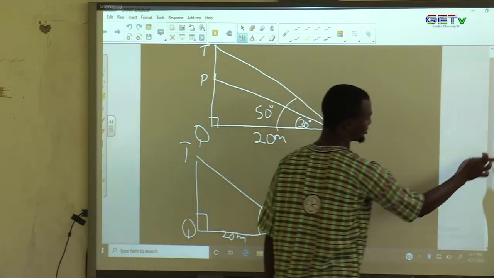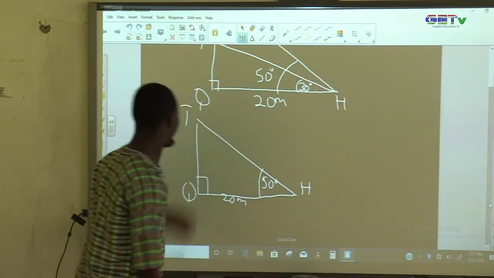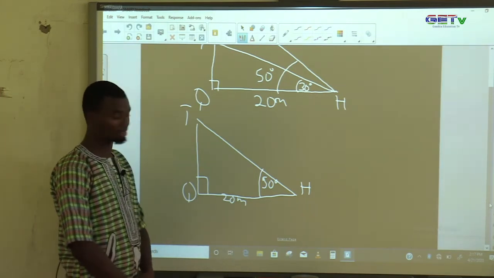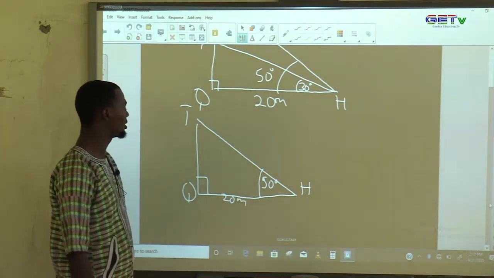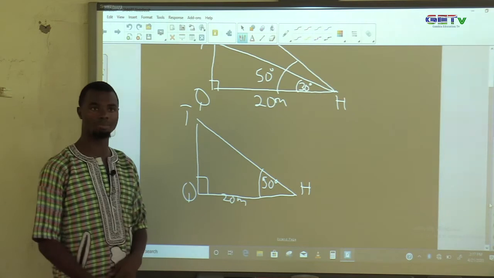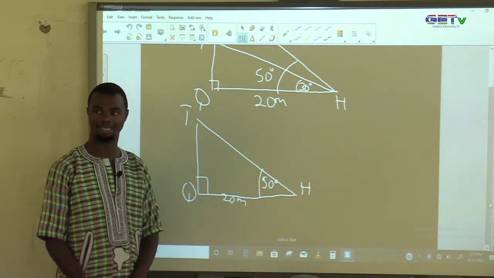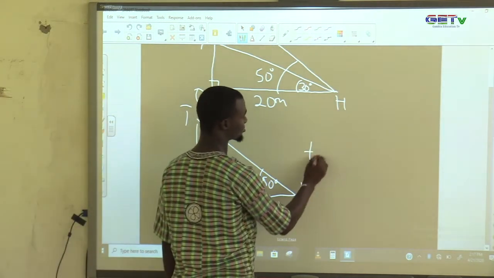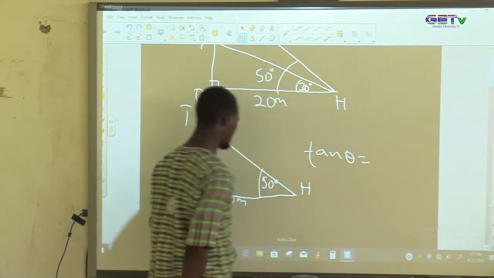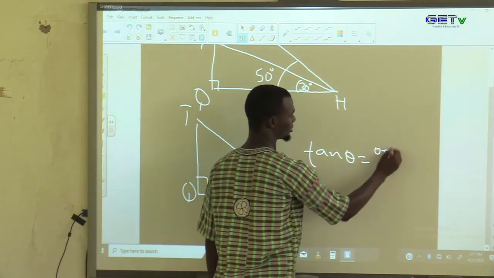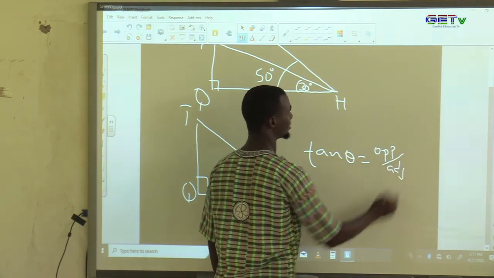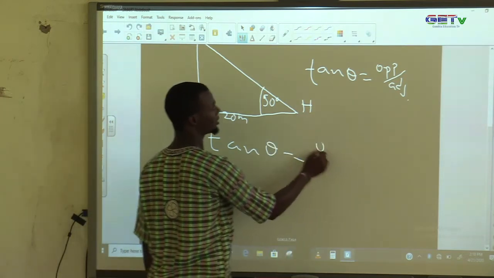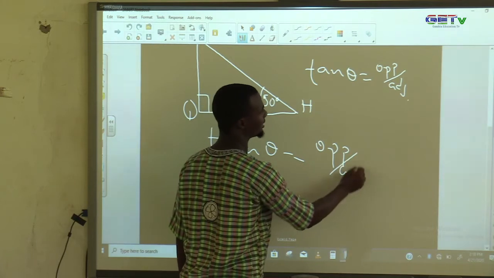So we will find TQ now. How do we find TQ? We use the trig ratios. TQ is the opposite of 50, and the adjacent of 50 is 20 meters. So what do we use? We use tan, from SOHCAHTOA. Tan theta is equal to opposite over adjacent.